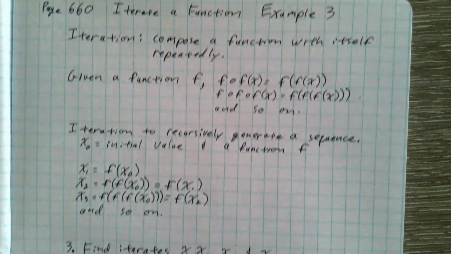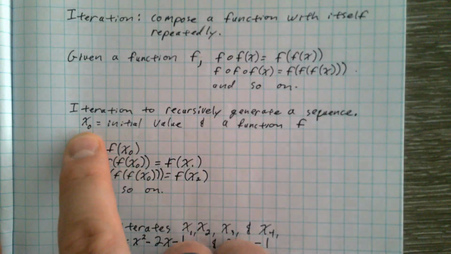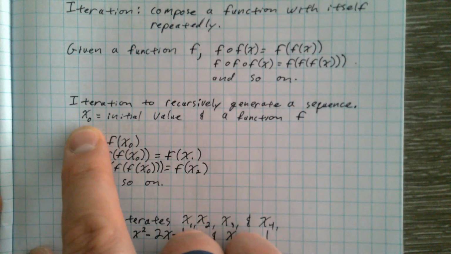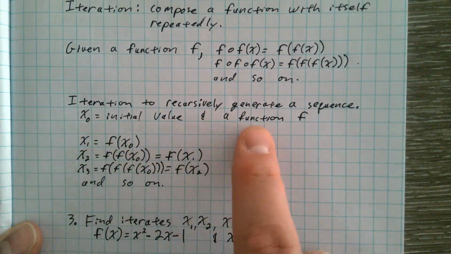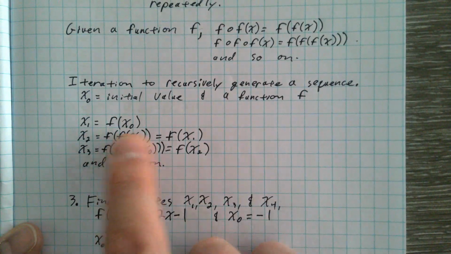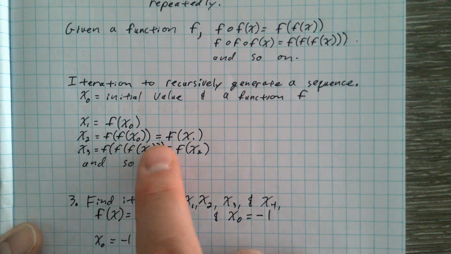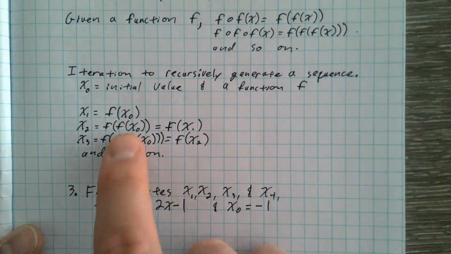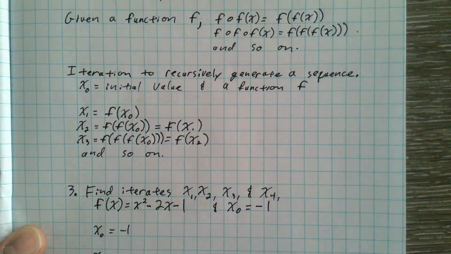Iteration recursively generates a sequence x naught, which we call the initial value, and a function f. Given an initial value and a function f, x1 is equal to f of x naught, x2 is equal to f of x1, x3 is equal to f of x2.